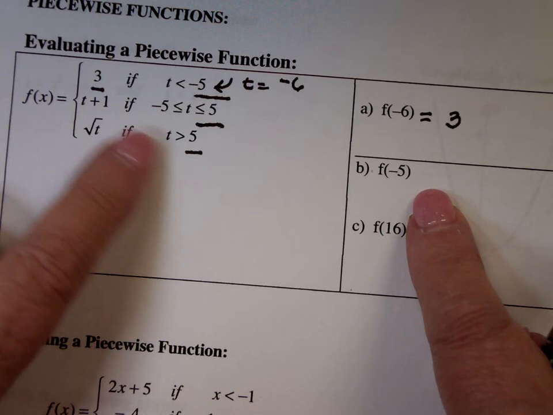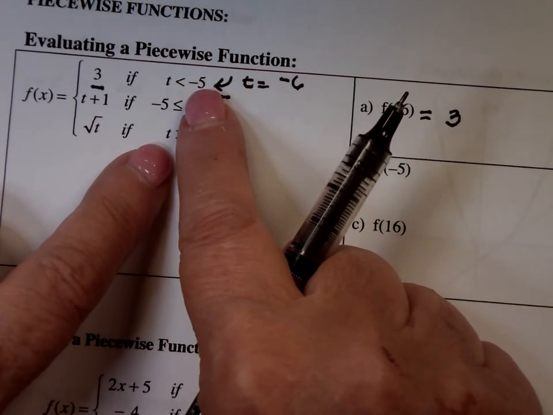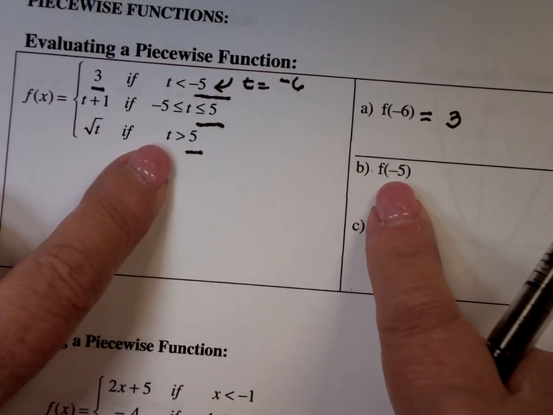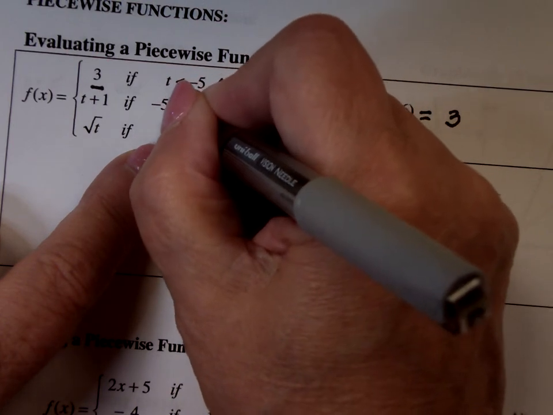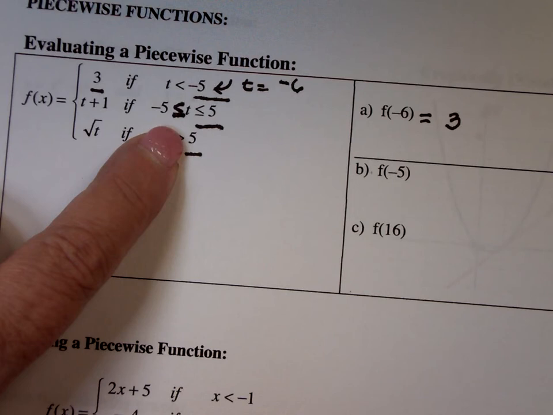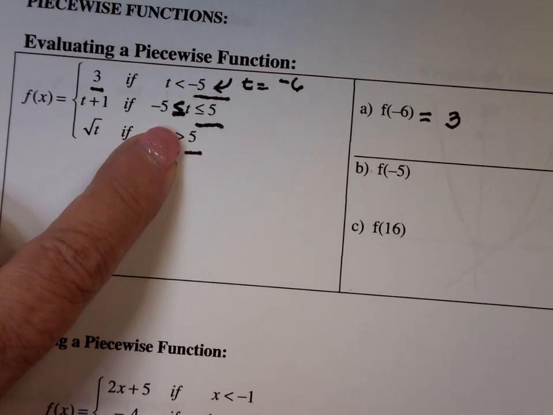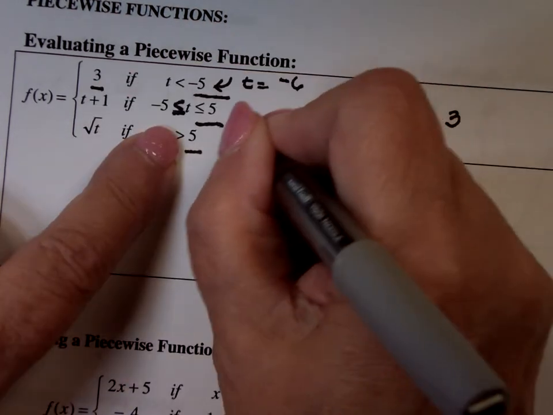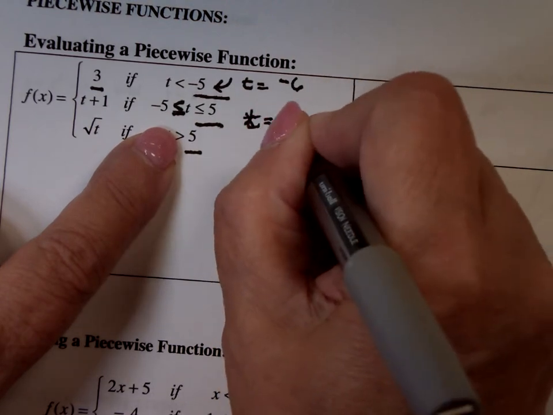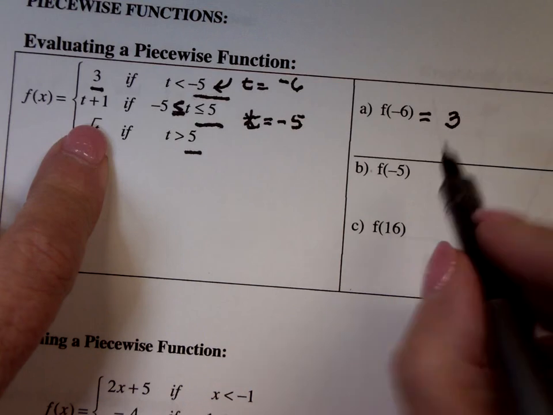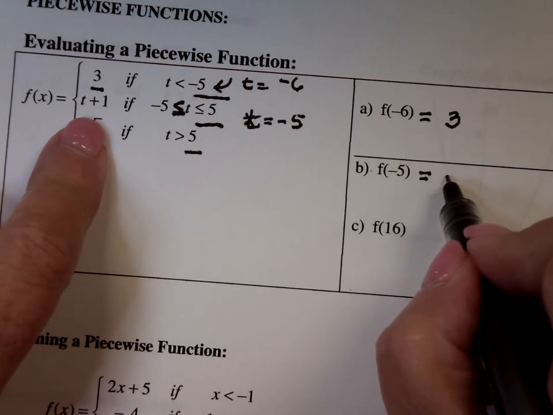F of -5, well, the first piece says less than -5. I want equal to -5. The second function includes -5 because of the equal sign. So if I want f of -5, I use the second function.